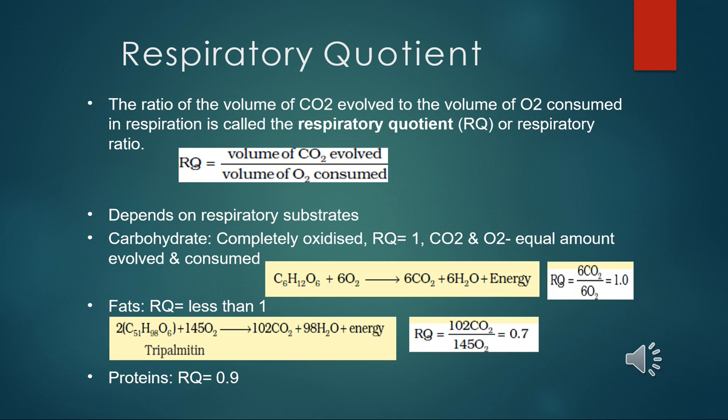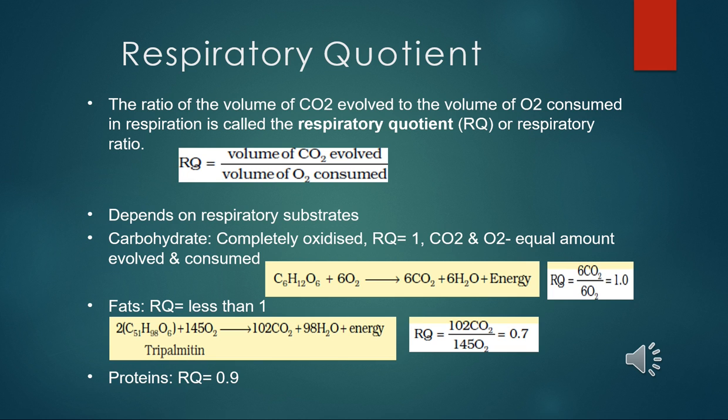If the substrate is carbohydrate, it is completely oxidized, so the respiratory quotient will be equal to 1. Equal amounts of carbon dioxide are evolved and oxygen consumed. You can see in this reaction, 6 molecules of carbon dioxide are evolved and 6 molecules of oxygen are consumed. So the respiratory quotient will be 1.